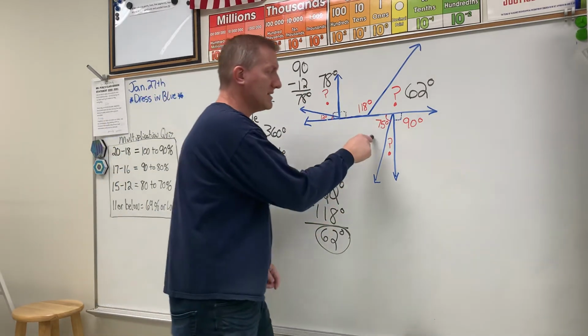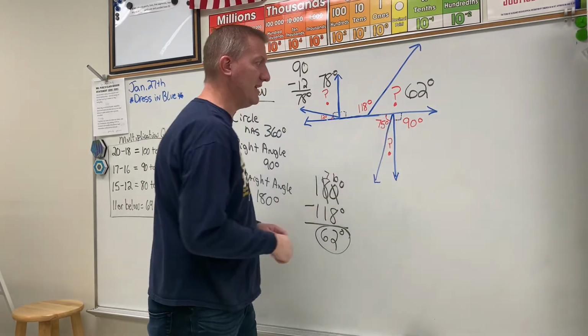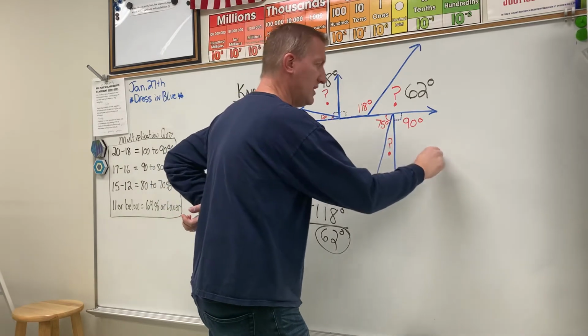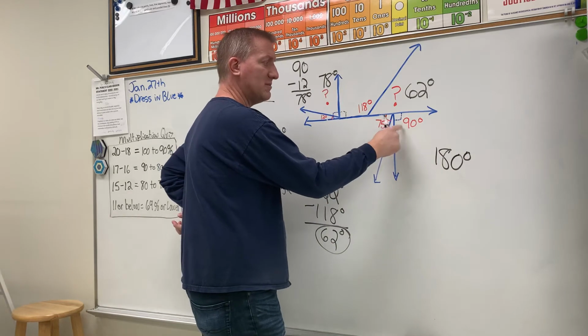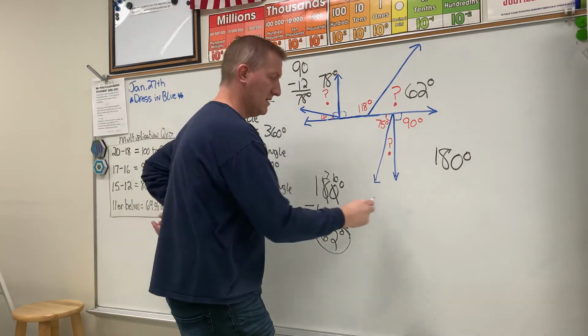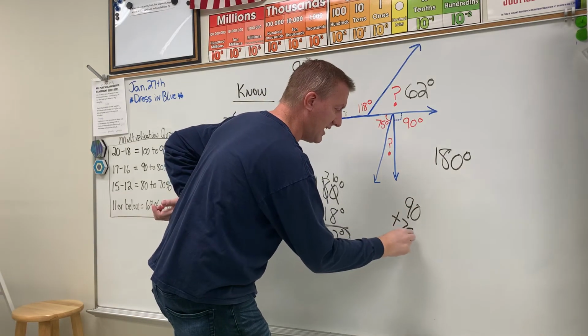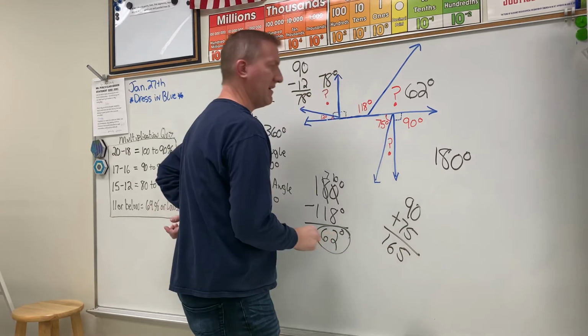All right, now let's come over here. Here we have a 180 degree angle. If I subtract out the 90 and the 75, let's add those together first: 90 plus 75, and I get 165.